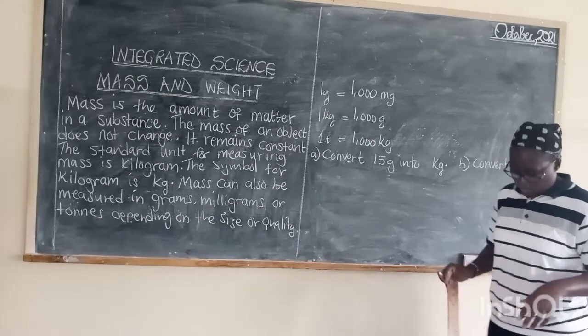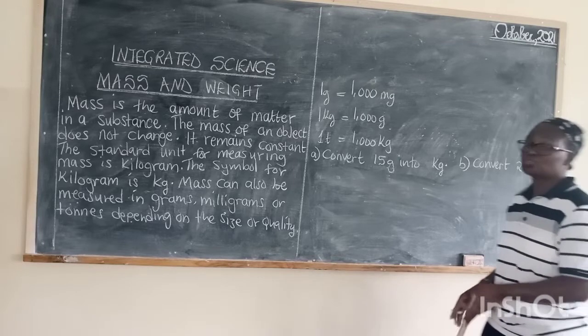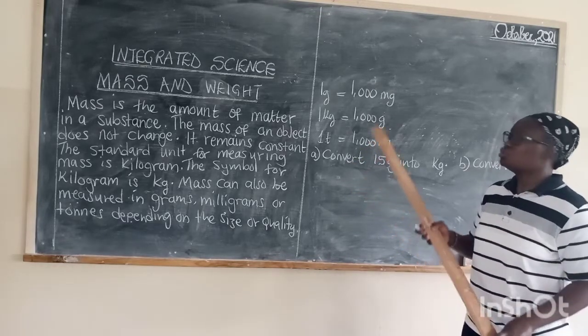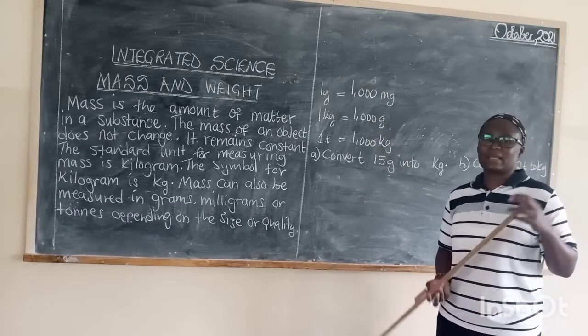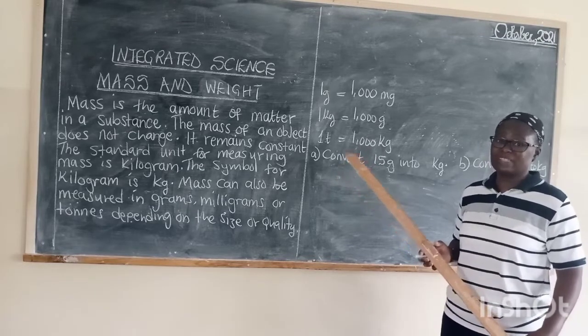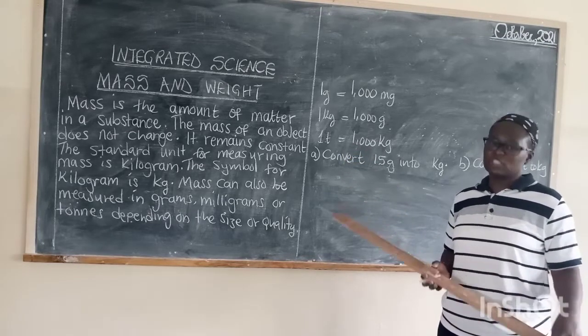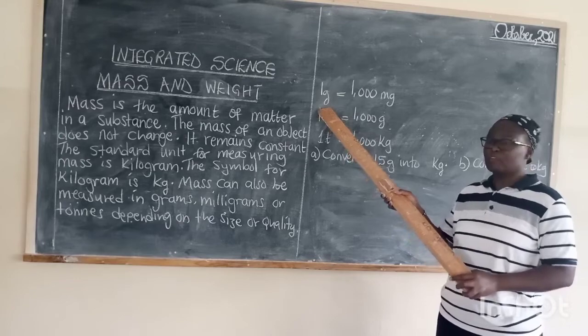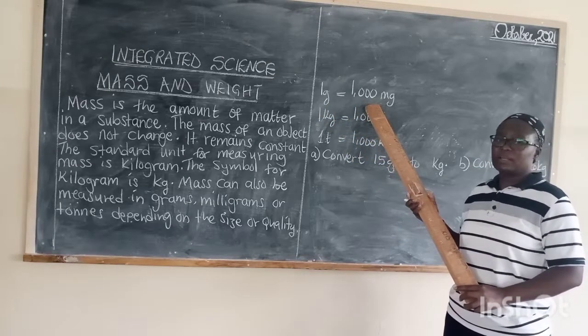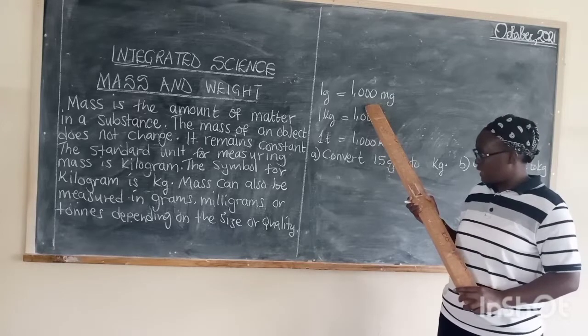Very good. So what are some of the things that can help us to measure mass? There have been standard measurements that have already been done, which we just need to use. For example, if you have something weighing 1 gram, it means in milligrams that thing weighs 1,000.